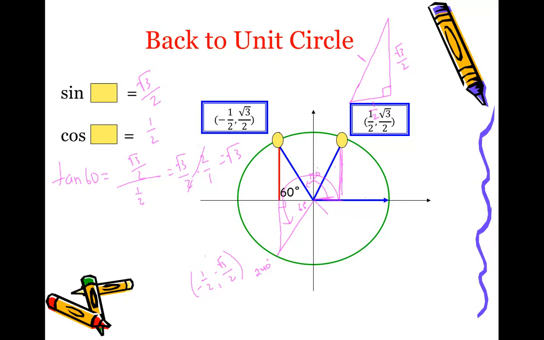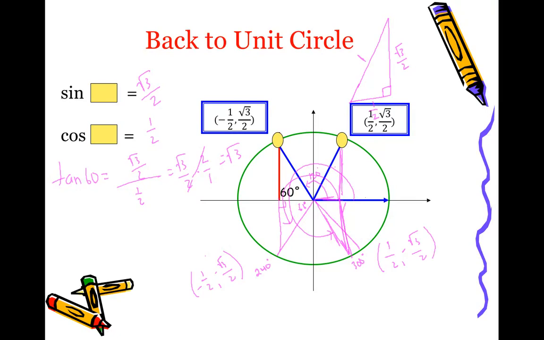If we go into the last quadrant and reflect it, that's going to be 300, isn't it? So that's going to be 60 degrees before I get to 360. And that's going to be positive 1/2, negative root 3 over 2.